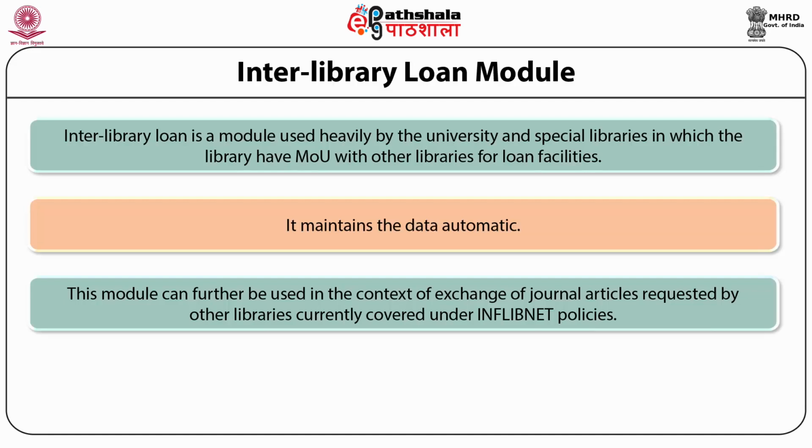So we can request Kolkata University or Jadavpur University or Utkal University of Bhubaneswar to supply particular articles to us, maybe in print form if the book is not available, through online, or else in downloaded form. And similarly, it's a reciprocation. So that way this module helps, and this module also has promise in future to accommodate many services.